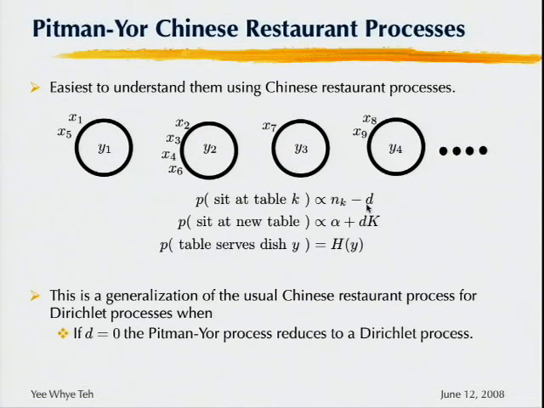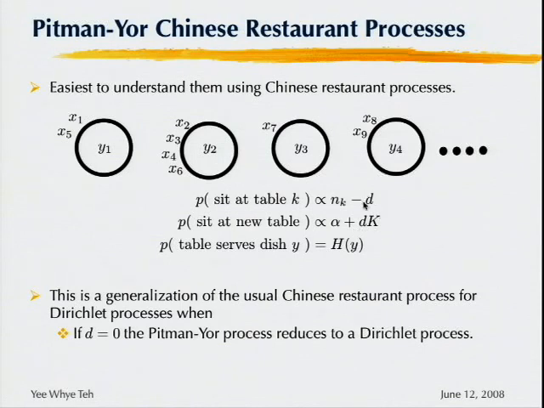The difference is simply that when a new customer comes in, the customer will sit at table k with probability now going to be proportional to the number of customers sitting around table k, subtract away a discount factor. This is a fixed parameter that's between 0 and 1. And the new customer will sit at a new table with probability proportional to alpha plus dk.